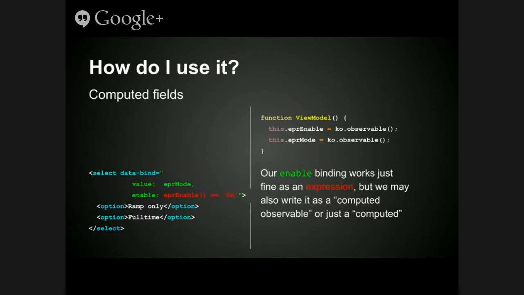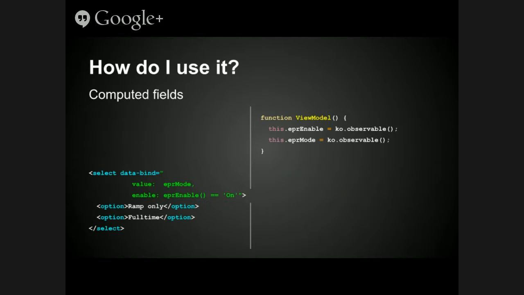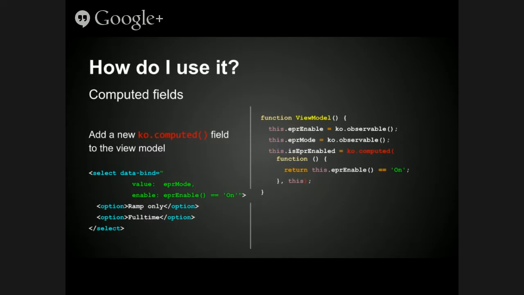This expression that we have here works fine, but we can also write it as a computed observable, or Knockout just calls them computeds. What we can do is define a new field on our view model, and rather than using ko.observable, we'll specify ko.computed, pass in a function as the first argument, which will return a value computed based on other fields in the view model.